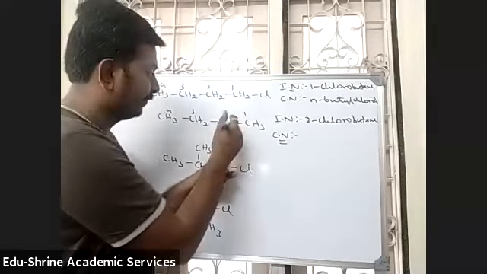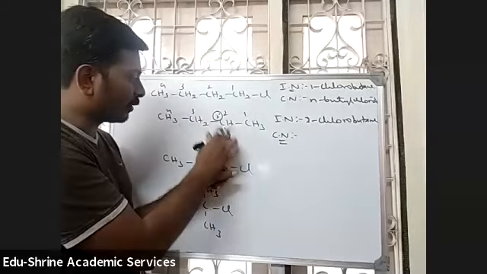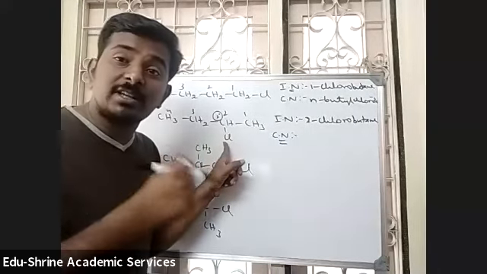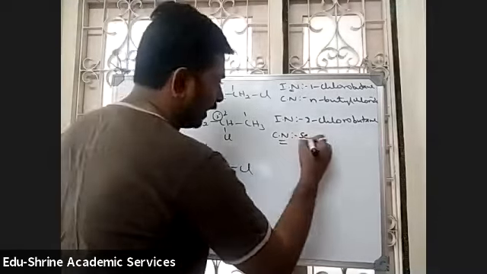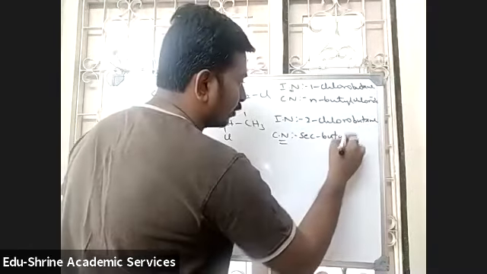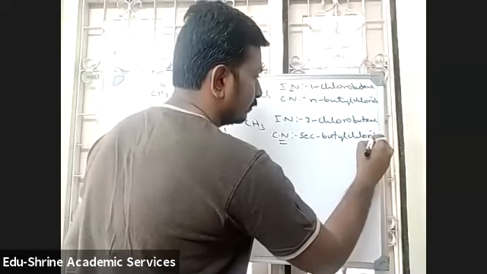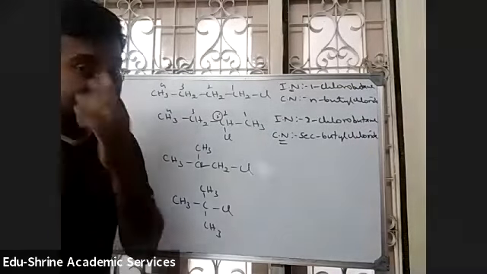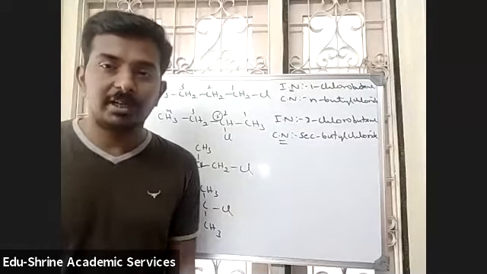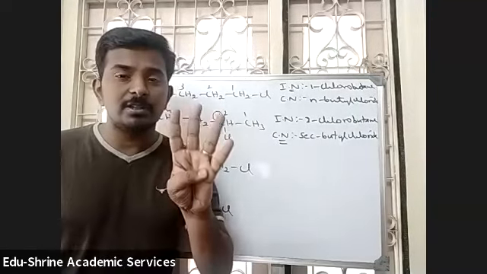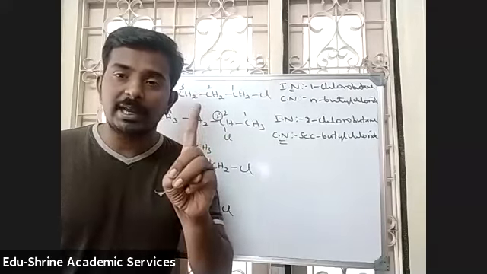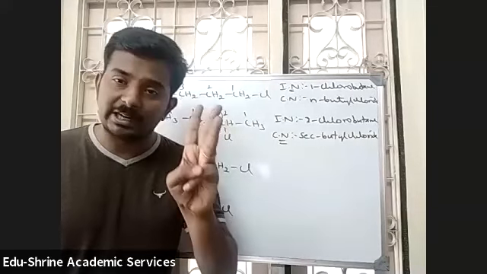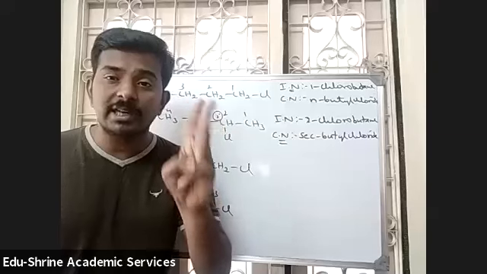As chlorine is attached to a secondary carbon atom, it is called secondary butyl. So the common name will be secondary butyl chloride. Whenever there are 4 carbon atoms, there is a possibility of getting 3 names: N-butyl, isobutyl, secondary butyl.